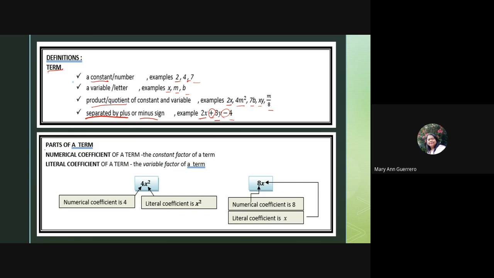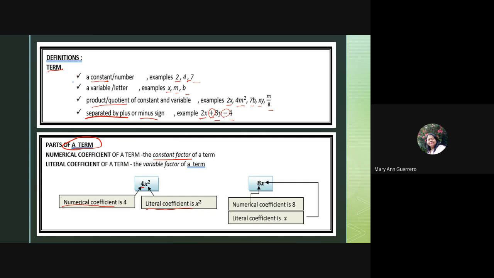Now, let us have the parts of a term. So an algebraic term has numerical coefficient and literal coefficient. This numerical coefficient is the constant factor of a term.